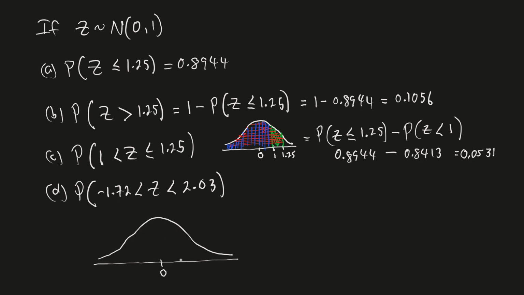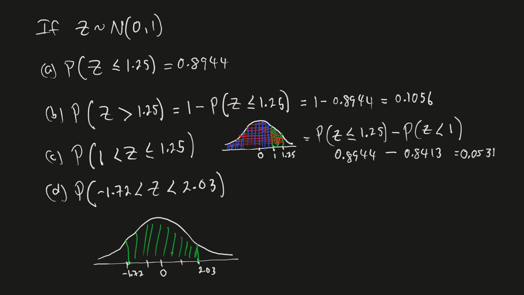So say 1, 2, roughly about here is our 2.03, and then let's go this way, -1, -2, so roughly about here will be our -1.72. What we're looking at is the area under our bell curve from that z value to that z value, and we're looking for this, right?